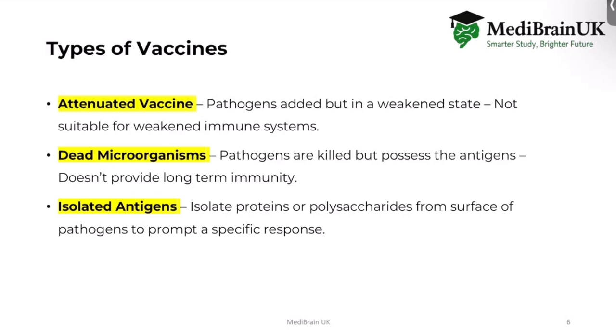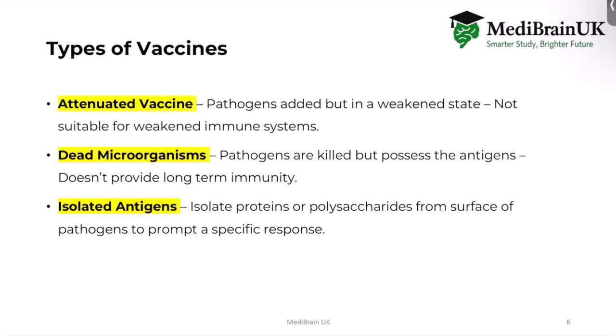Now, if we think about an attenuated vaccine, this is most vaccines. This is where the pathogen is added, however, it's been weakened. Now, because it's been weakened, that means your body won't experience as extreme side effects.